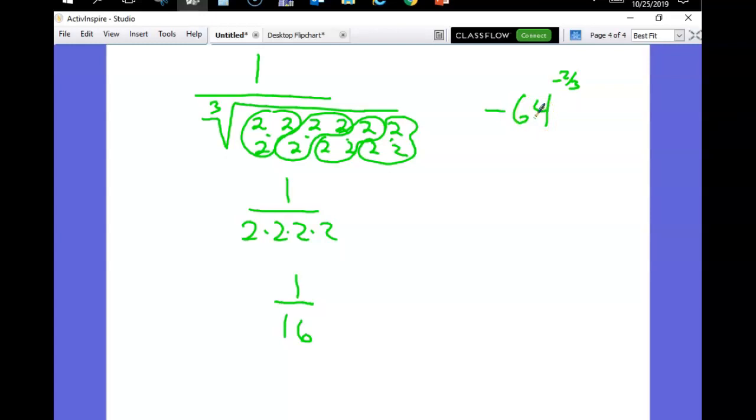Negative 4. And then we square it. What do you get if you square a negative 4? 16. And since it's a negative exponent, 1/16. So you see how you just do all that mental math? Cube root it, negative 4. Square it, 16. Flip it. You're done. So you could do that all mentally if you want, but working it out works as well.